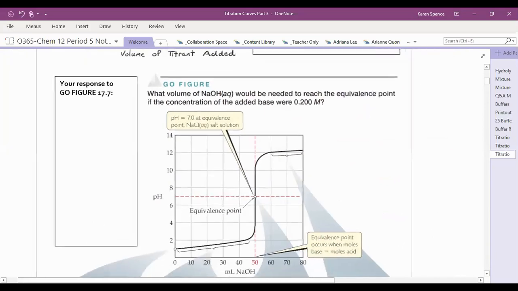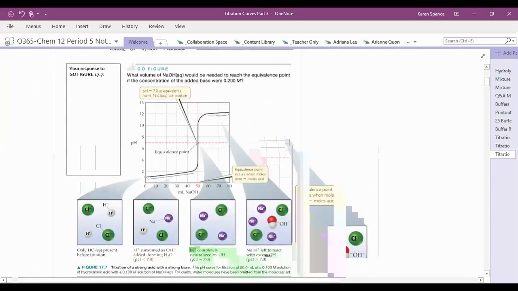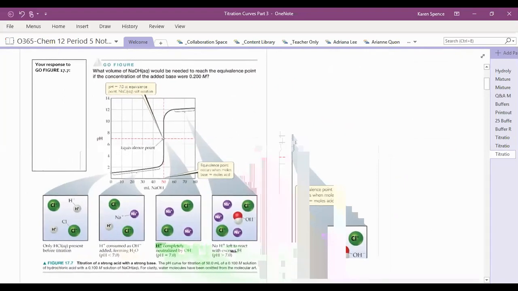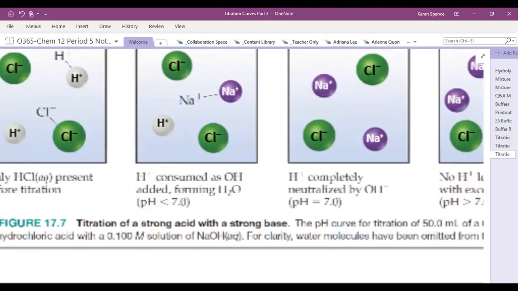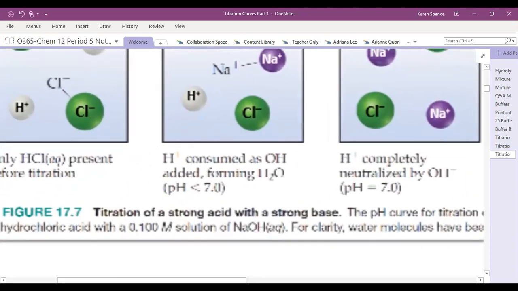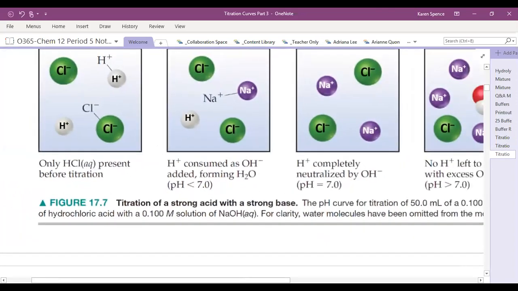All right, I'm going to make this smaller so you can see everything on one screen. It might be a little bit tiny for you, but do the best you can. What volume, so this titration curve here, I'm just going to zoom in on the bottom part. This is the titration of a strong acid with a strong base.